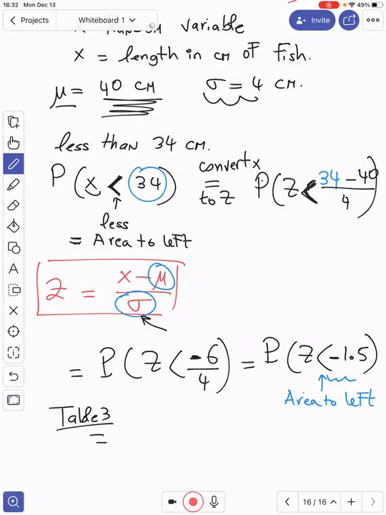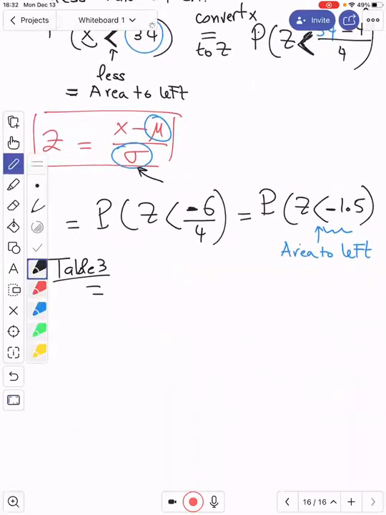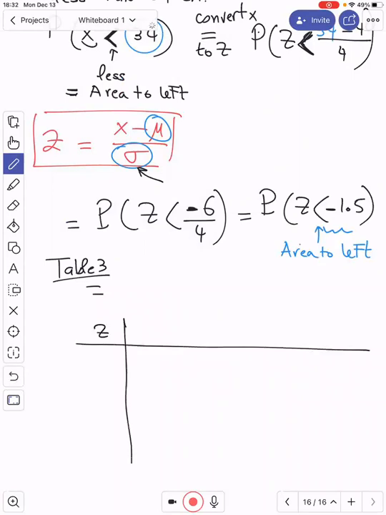So you have your z, okay? And where's the table? Next to z, you have the nearest hundredth. You have 0.00, 0.01, and so on. Here we have negative 3.4, negative 3.3, etc. So here we have negative 1.5, which is the same as negative 1.50.